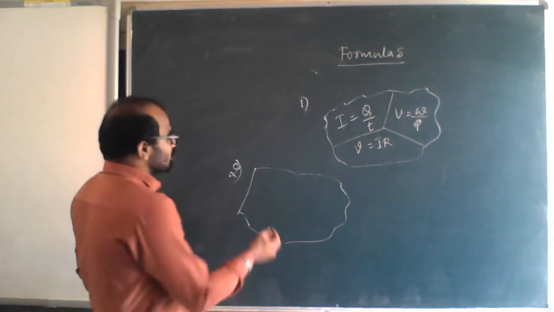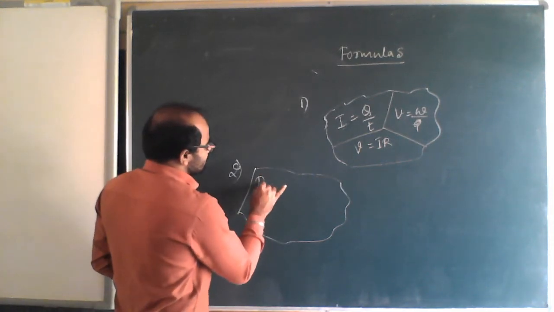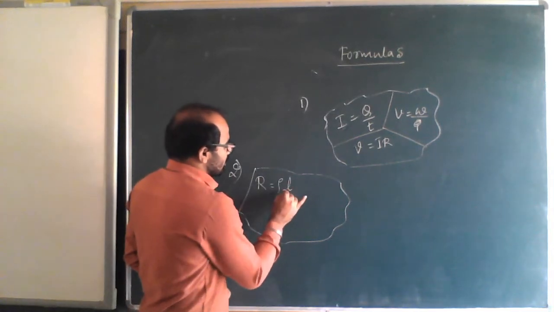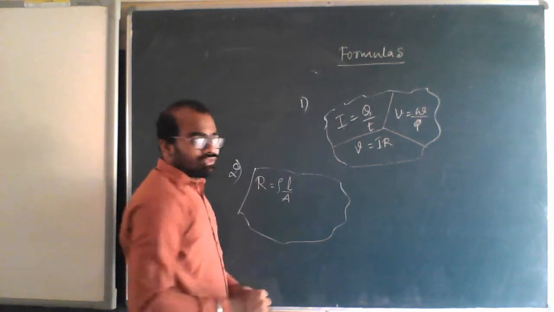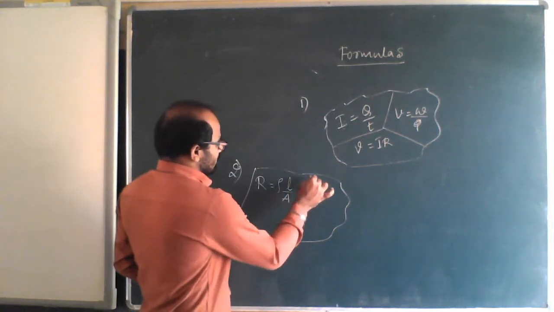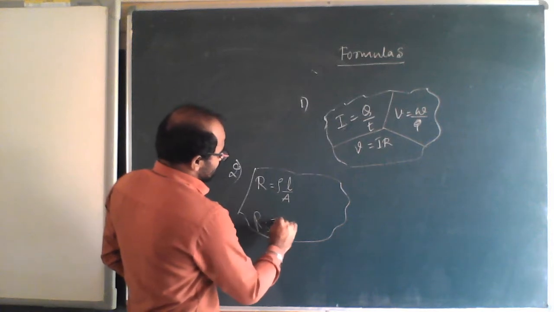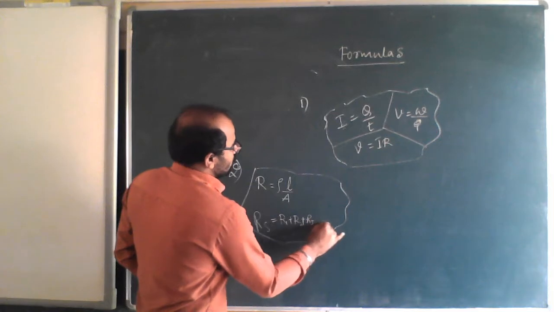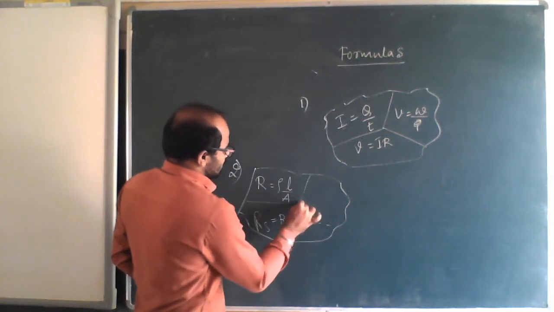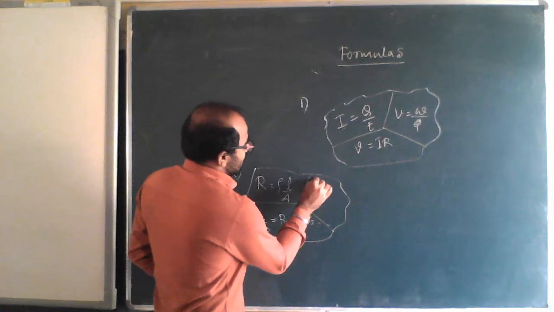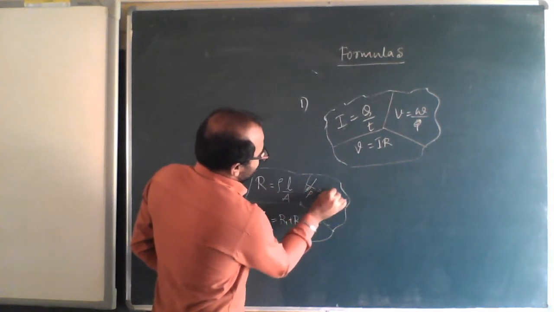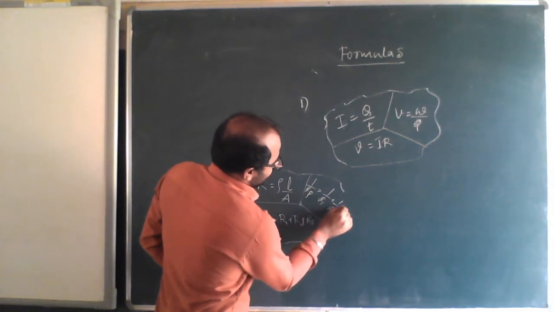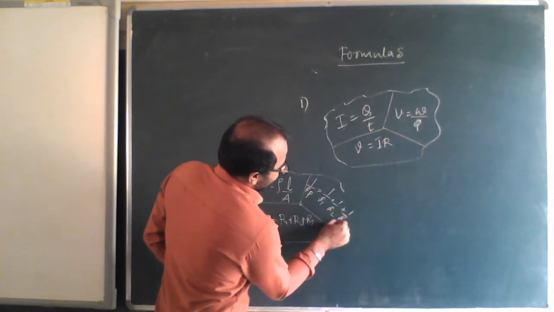After that we'll remember the formulas of resistances. What is resistance? Rho into L by A. This is one formula. Then series resistance: Rs equal to R1 plus R2 plus R3. And after that, 1 by Rp is equal to 1 by R1 plus 1 by R2 plus 1 by R3.